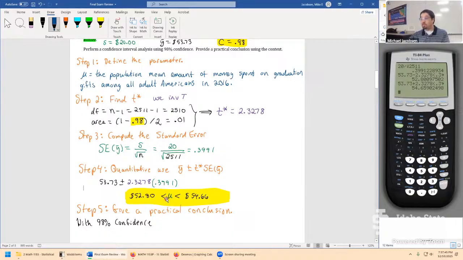Okay, so now that we covered that base, we know how confident we are that this interval captured mu.